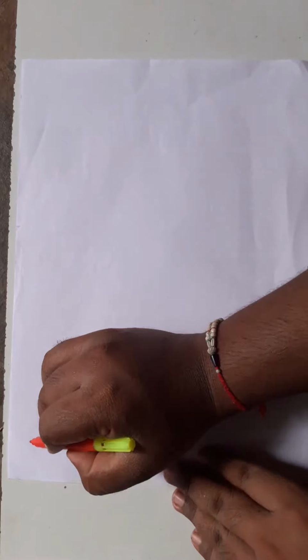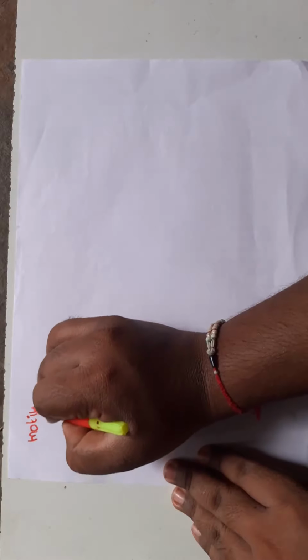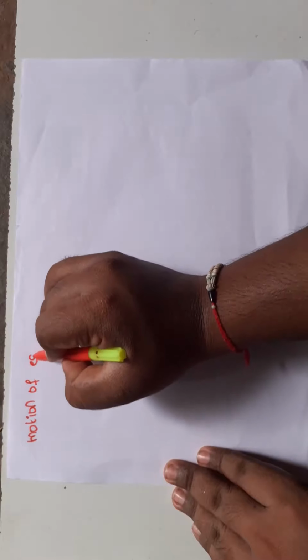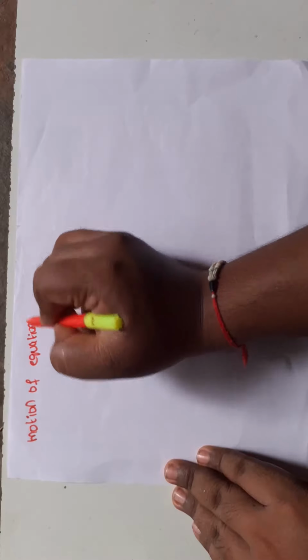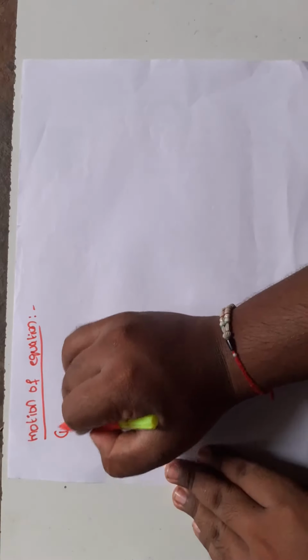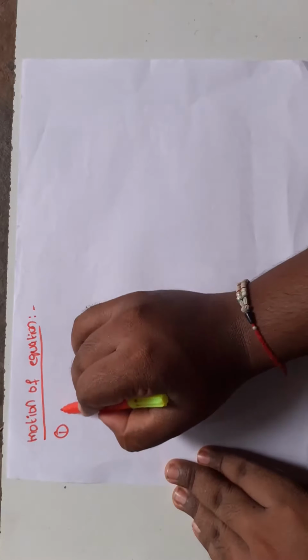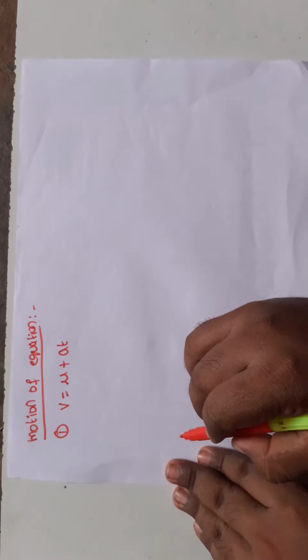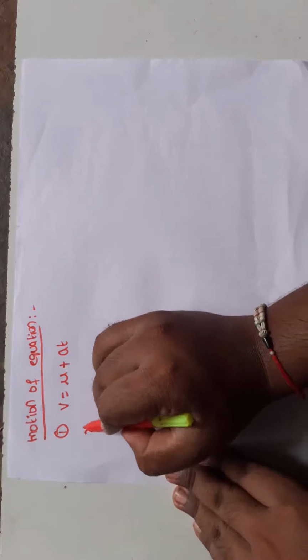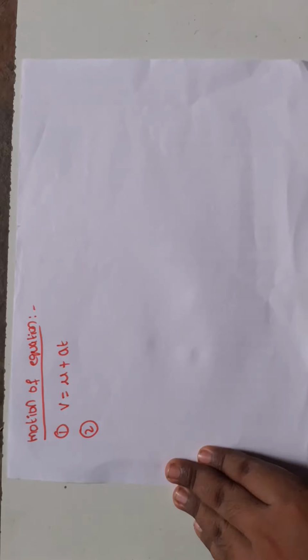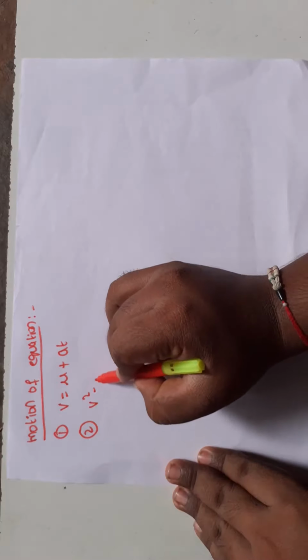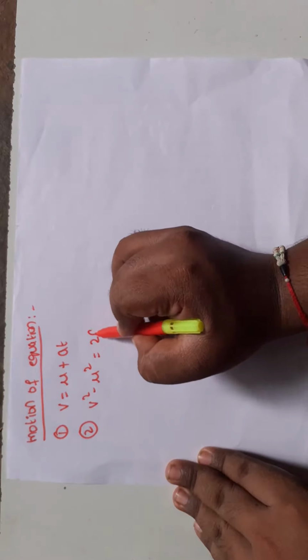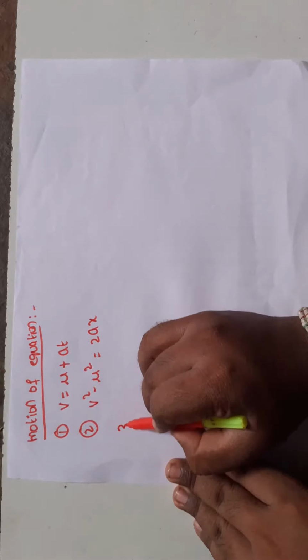In the last video, we discussed the equations of motion. How many equations? Total four. What is the first equation? v equal to u plus at. What is the second equation? The second equation is v square minus u square equal to 2ax.